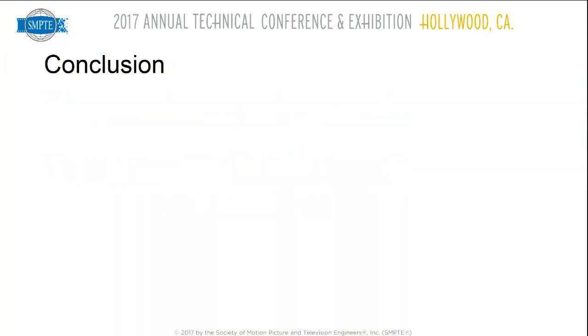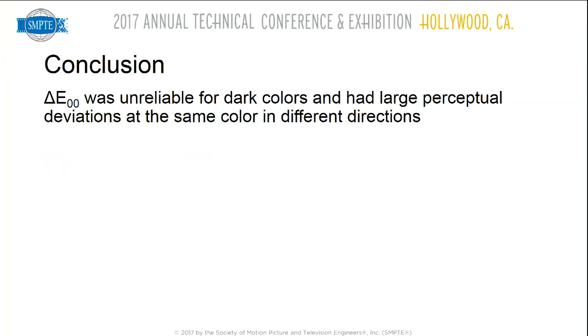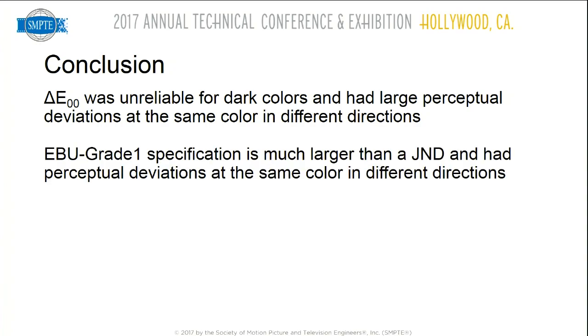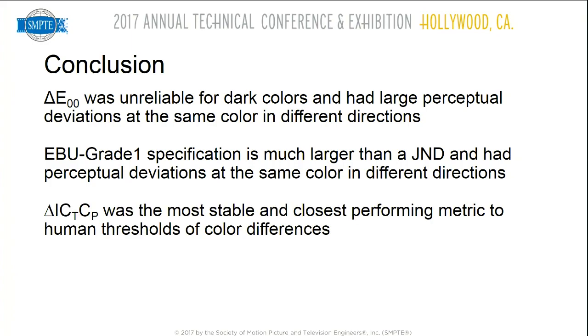After all of this, what we find is that ΔE2000 was unreliable for those dark colors and had large perceptual deviations for the same color in different directions. We found that the EBU specification was much larger than a just noticeable difference and also had its own slight perceptual deviations at the same color in different directions.